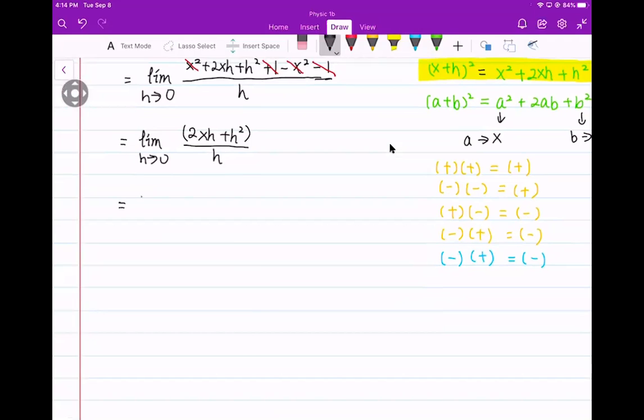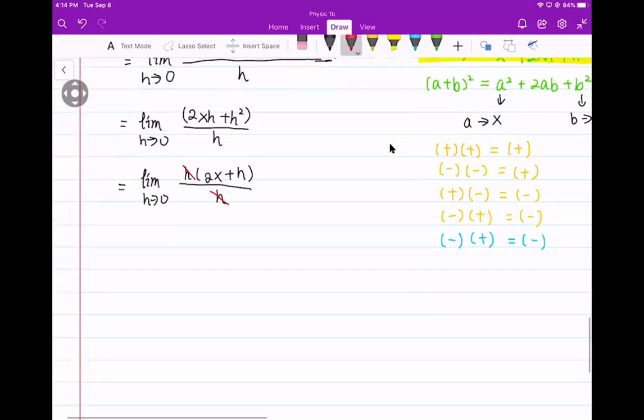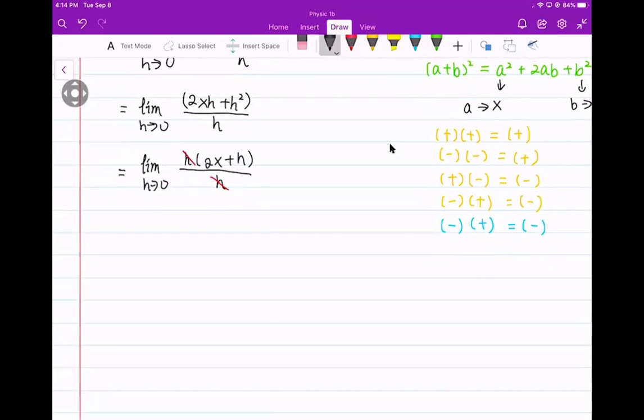We can take out the h on the top because there is one h here and one h here, so we can take out the h. Now what is left in the parentheses is (2x plus h) over h. Now do you see the problem? We can cancel out the h. What's left in the equation is, as h approaches 0, we have 2x plus h.